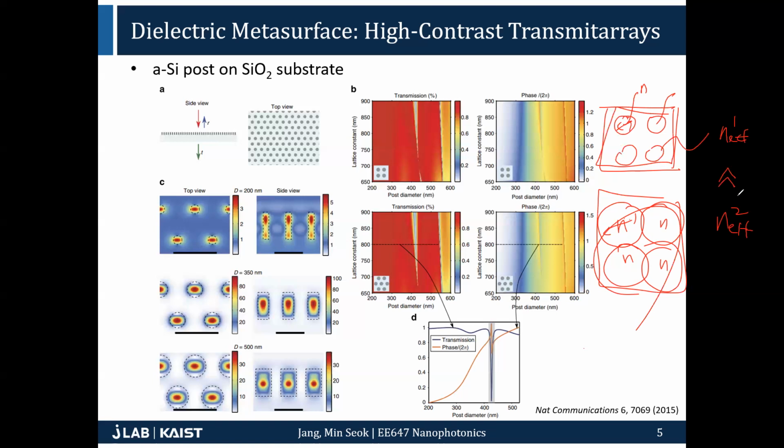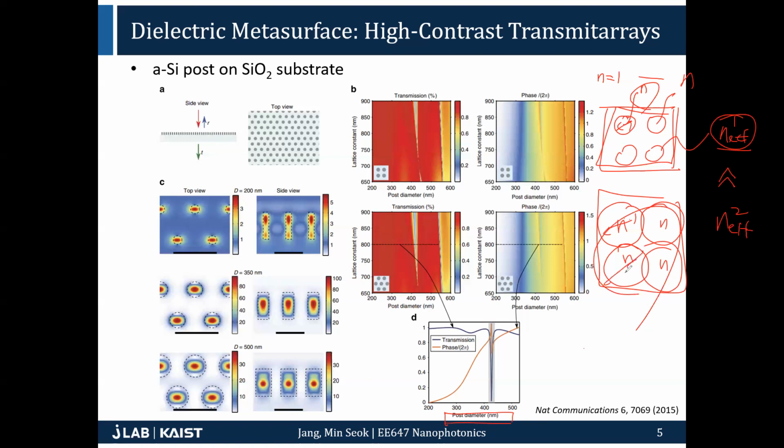And by doing so, you can basically create whatever effective index that lies in between, n equals 1 to n here, right? By changing basically the area fraction. And if you do so, then you can see here as a function of post diameter.